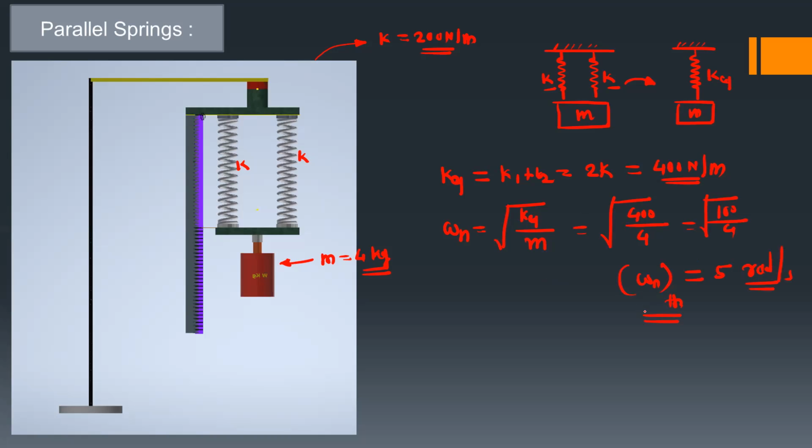Now we have to find the natural frequency experimentally. That means we have to oscillate the mass, measure the time period, and from that time period find the frequency.